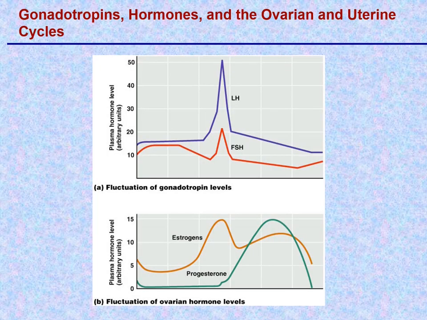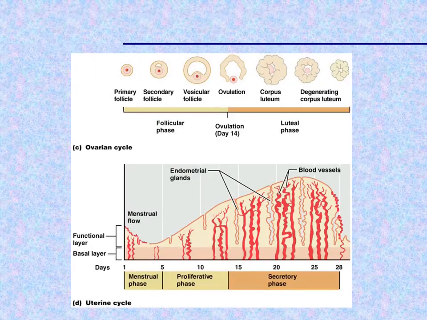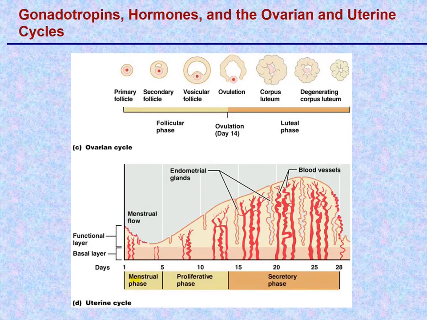Okay, so we're talking about here the first 5 days. It's the drop off again of progesterone and estrogen that leads to the functional layer sloughing off in the first 5 days of the menstrual phase of the uterine cycle.